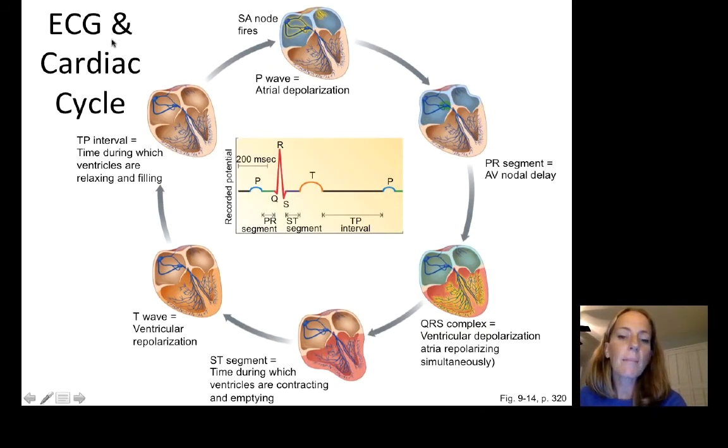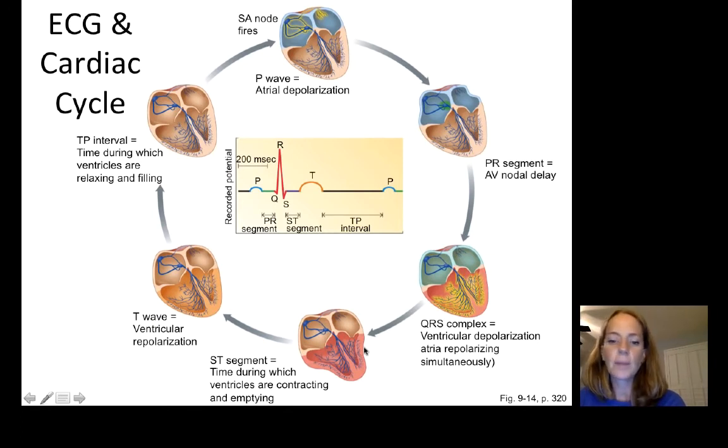So we can then combine the electrocardiogram, or the electrical activity in the pacemaker cells, with the cardiac cycle. So the P wave is when the SA node is active. When the SA node is active, activity spreads through the atria, and that's going to cause contraction of the atria. Then the AV node will be active, and that will have a short delay, and then the activity will spread through the ventricles.